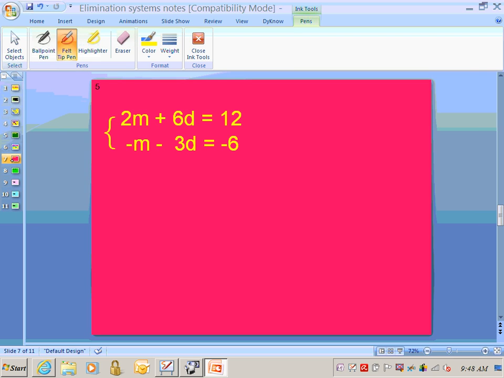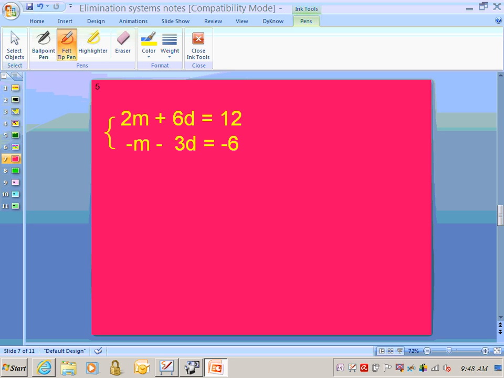Okay, problem number 5. What's going on here? What do I need to do? Do they add up to 0?